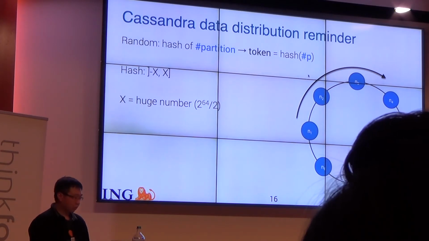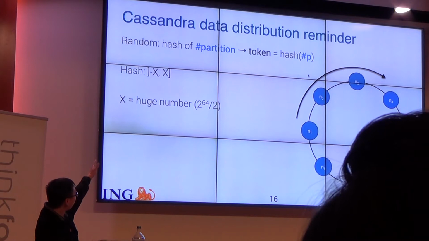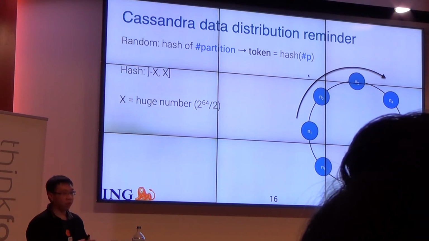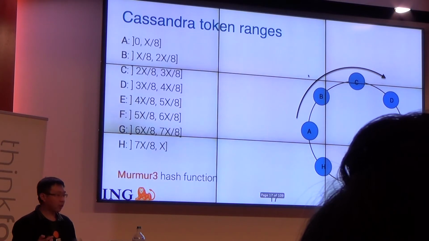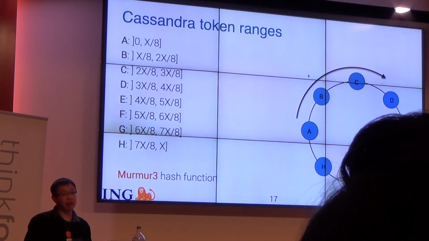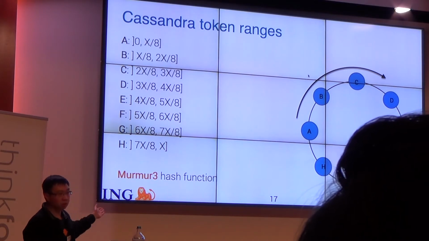Of course, the range of all possible hash values is very large. It is a huge number. The idea is, if I have 8 machines in my cluster, Cassandra will split this hash range into 8 equal intervals.